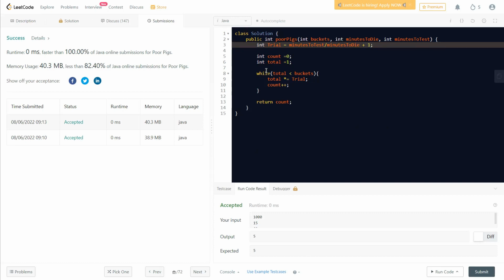In the other way, we came back from the total and directly used a logarithm to find our answer. But here we are going forward, again and again multiplying the total with the number of trials, and counting the number of pigs we need. So that's the basic idea. One goes forward, the other comes back. That's another way you can see it, but the mathematical formula is what we saw just now.